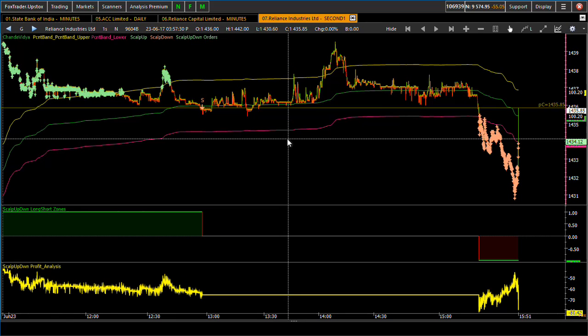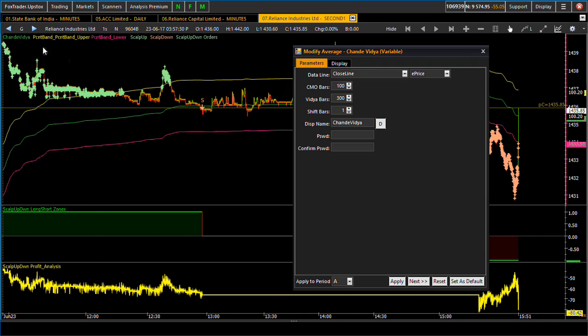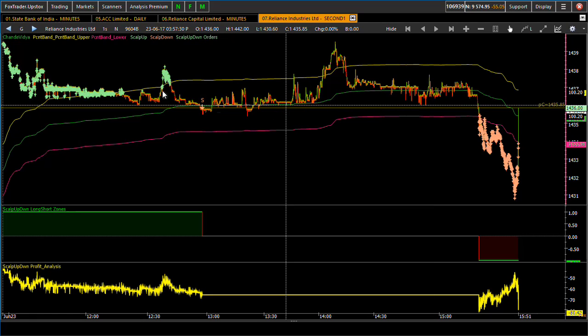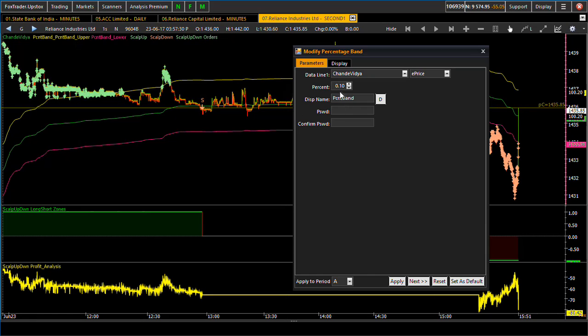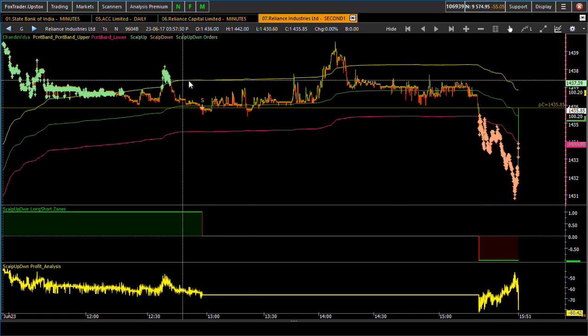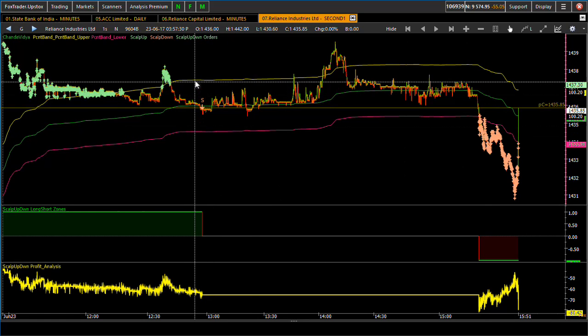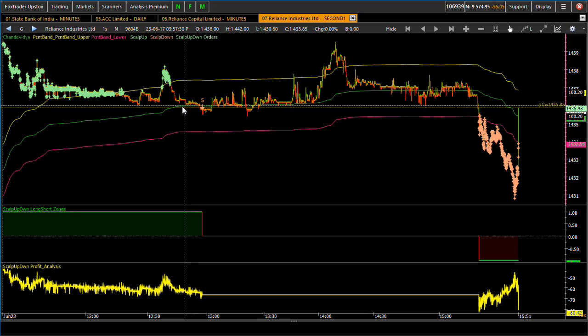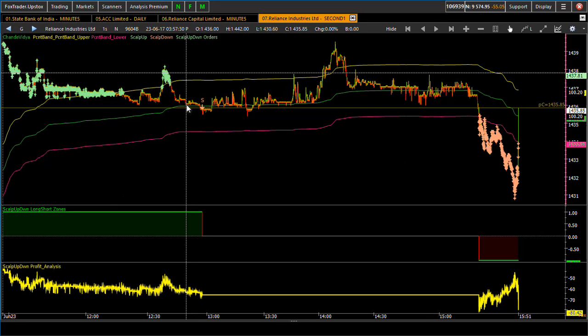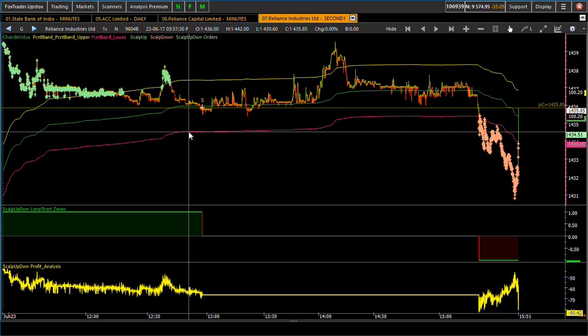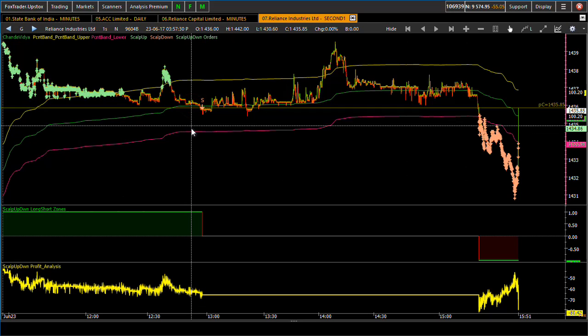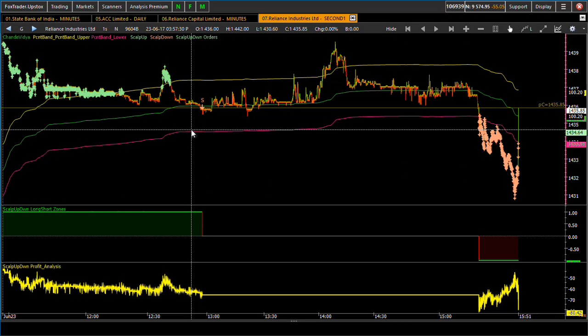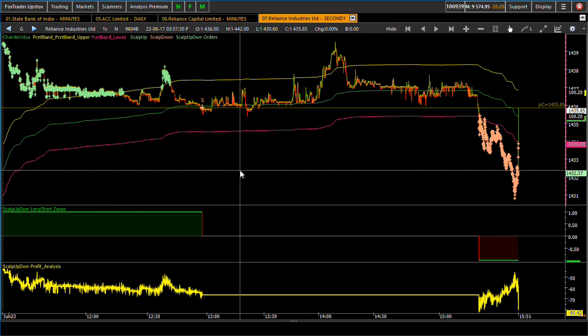Okay, so the indicator that I have chosen out here is a Chande VIDYA average indicator. On this I have drawn a percentage band of 0.1%, which is this yellow line and this pink line. So this yellow line is 0.10% away from this green line on the upper side, and the pink line is 0.10% away from this green line on the downside. Okay, so this is what it is.